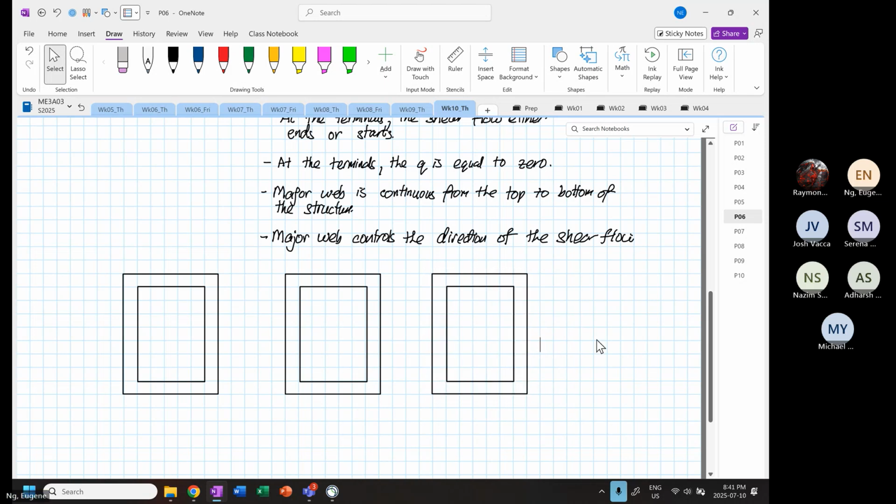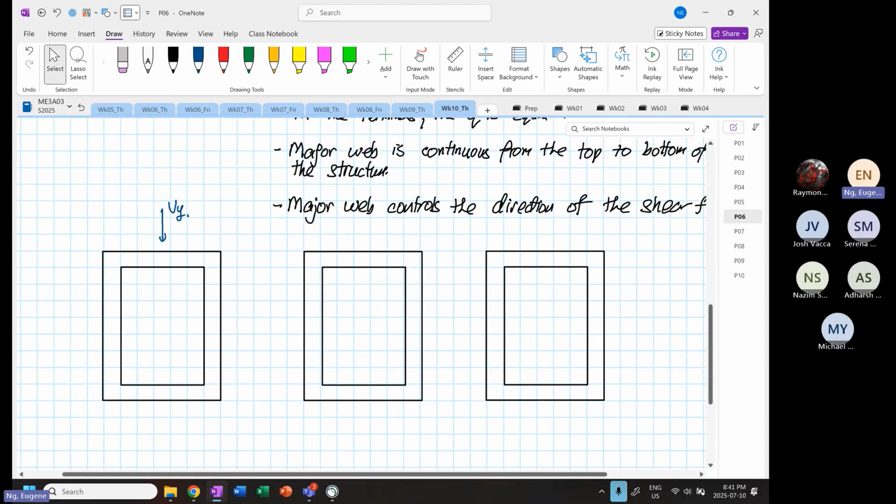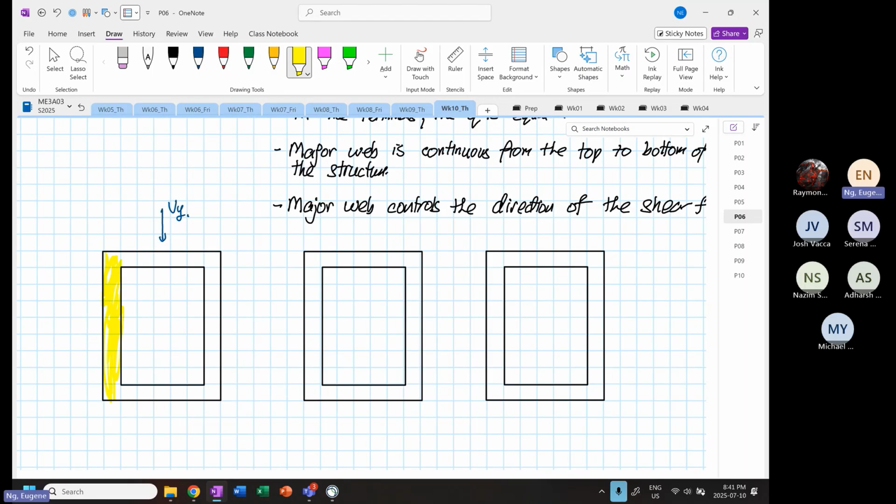If the Vy starts from the top, the shear flow, so the major web, I'm going to highlight the major web in yellow now. So this is a major web. This is the major web.